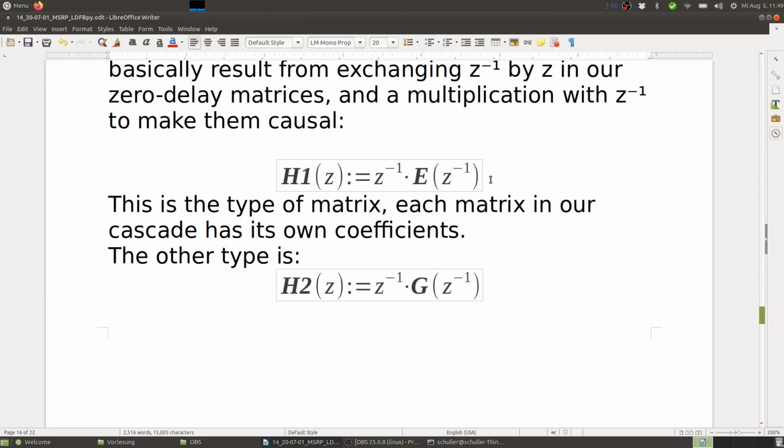As a result, we have z to the minus 1 on the antidiagonal, and we have coefficients of z to the 0 on the first half or second half of our diagonal. Here we can do the same for the E matrix and the G matrix, depending on which half of the diagonal we have the coefficients. And I call it H1 and H2.